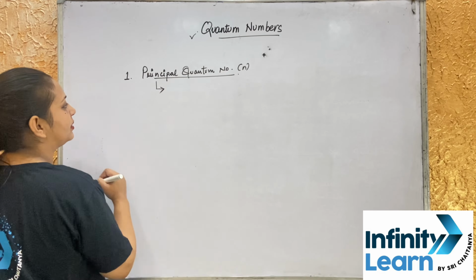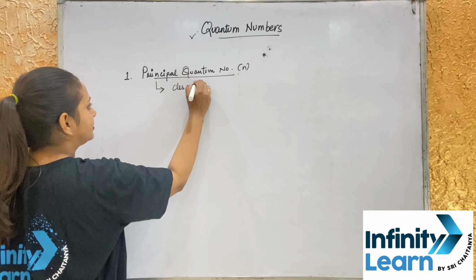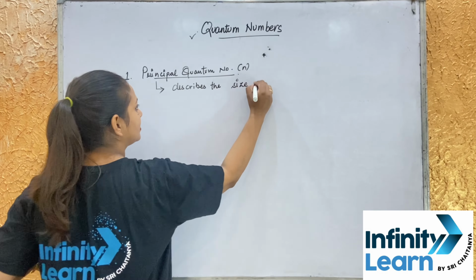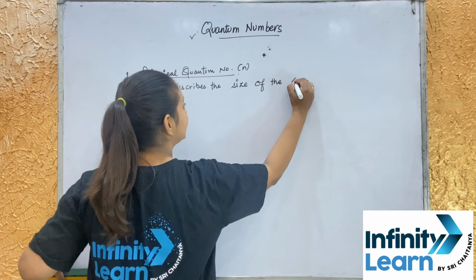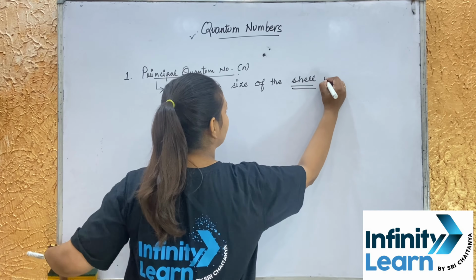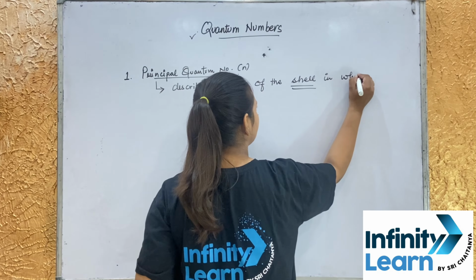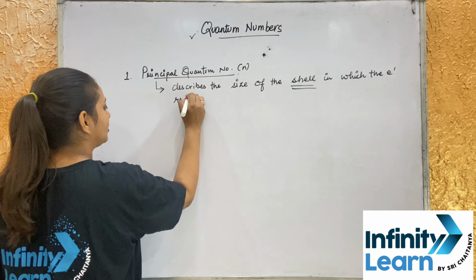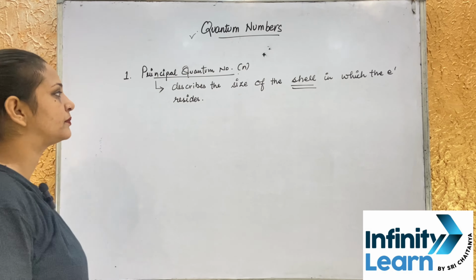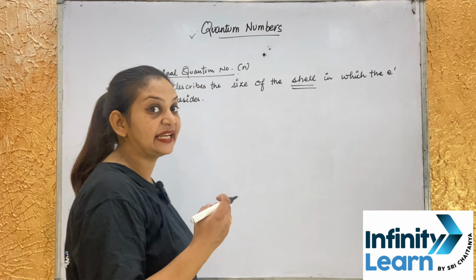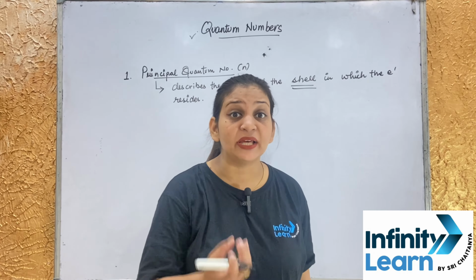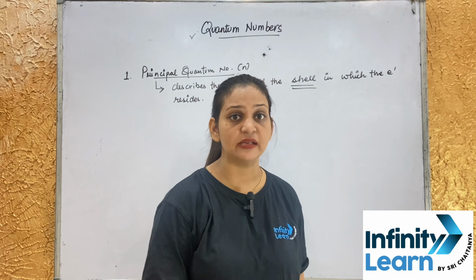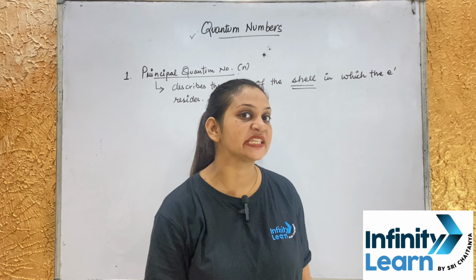Principal quantum number describes the size of the shell in which the electron resides. Principal quantum number, that is n, it tells us about the main shell in an atom around the nucleus in which the electron resides.